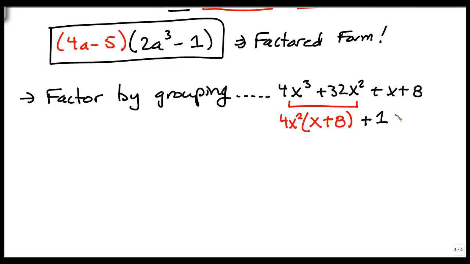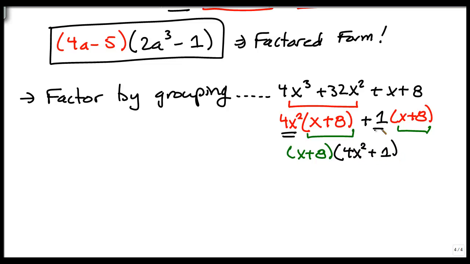And I'm going to put a 1 times x plus 8 just to help clarify this. Now if you notice, I do have a GCF here. My GCF is x plus 8. So I'd pull that x plus 8 out front. And my remaining factors then would be 4x squared plus 1. So there would be my factored form. That's my answer. Remember, you can check this as well.